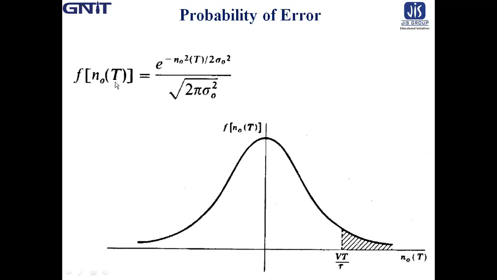So the probability density of n0(T), that is f(n0(T)), if it is Gaussian, should follow this expression: e to the power minus n0 square(T) divided by 2 sigma 0 square, divided by root over 2 pi sigma 0 square. Here sigma 0 square is the variance and the mean is 0.